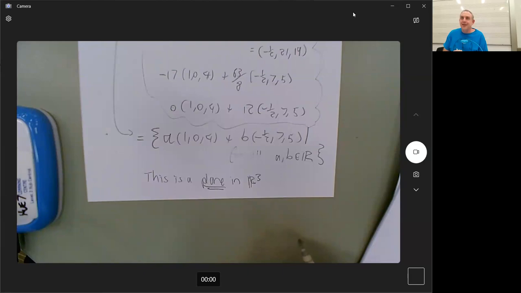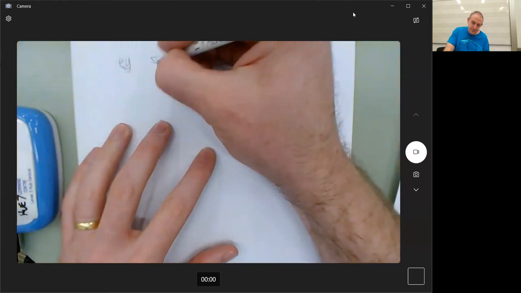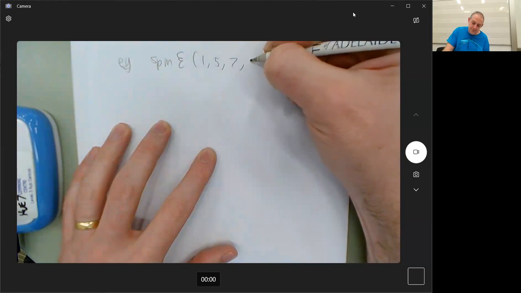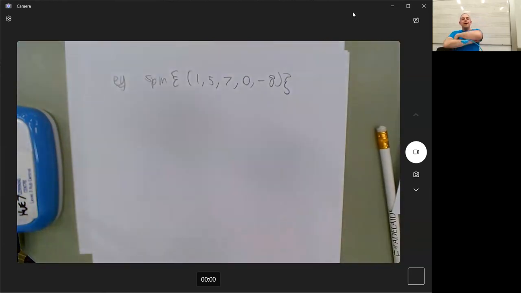Okay. So if I did this, I have a vector with 5 coordinates. I do the span of that single vector.